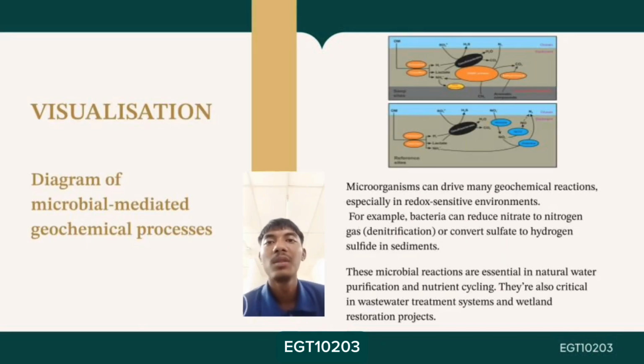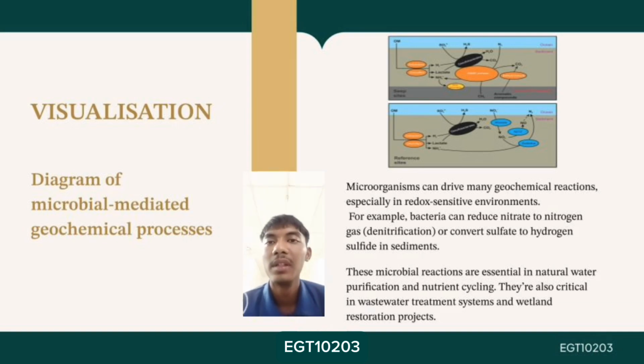The diagram shows how microorganisms play a key role in driving geochemical reactions, especially in environments where oxygen is limited, such as sediments or wetlands. Microbes thrive in these redox-sensitive areas and help carry out important chemical changes.